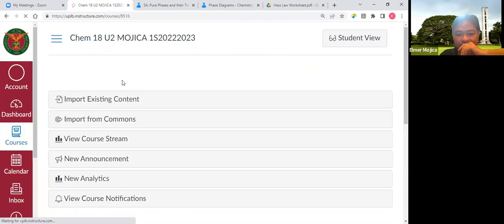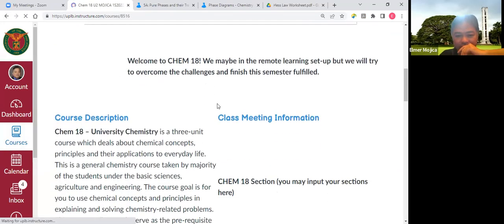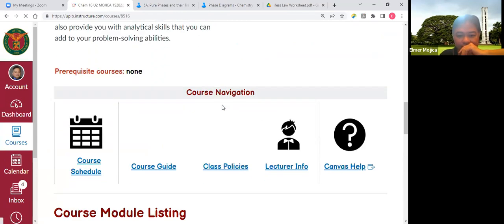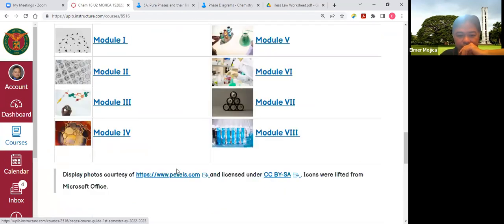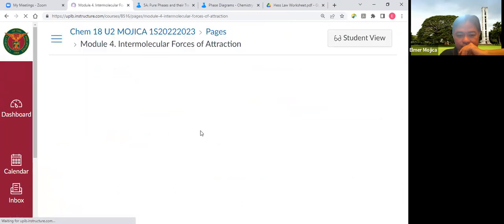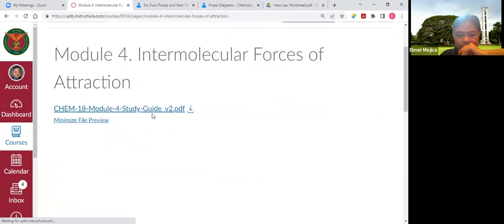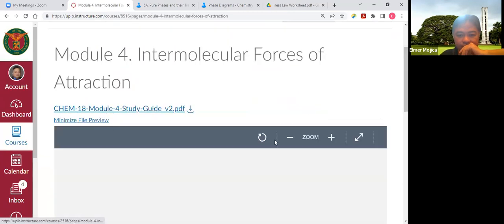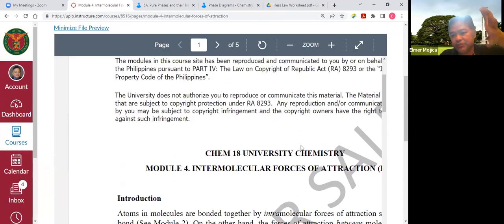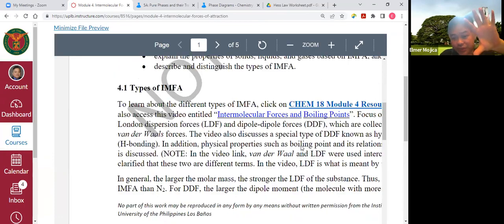So let's go on module 4 habang may time pa tayo. So the module 4, I think yung main quiz natin sa module 4 is IMFA.